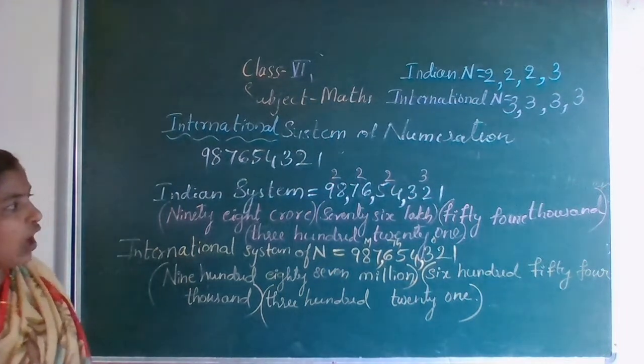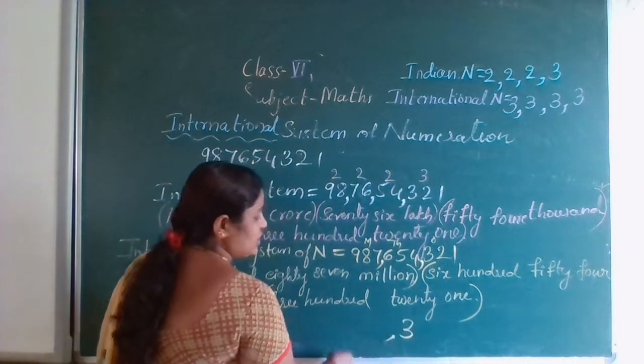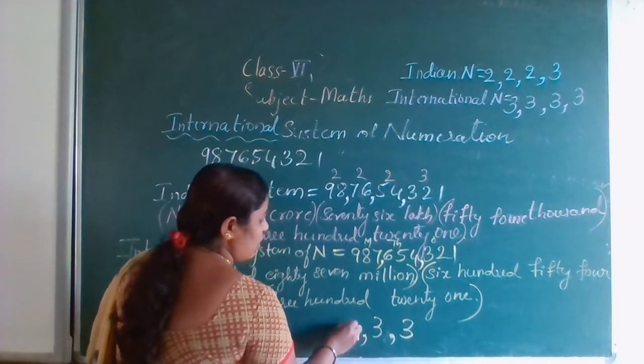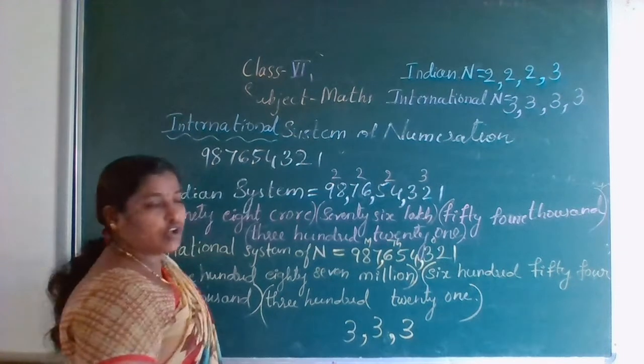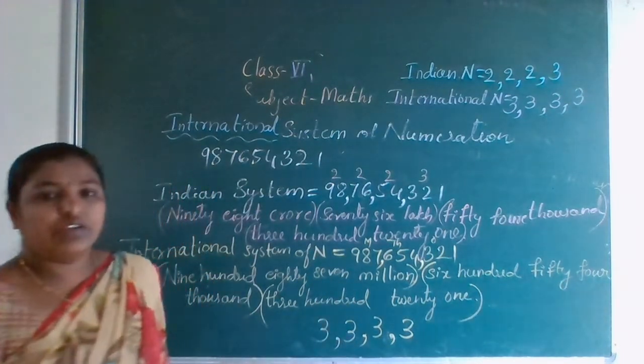So the comma is given after 3 digits, comma, again after 3 digits, comma, again after 3 digits, comma. If you have more numbers, again after 3 digits.